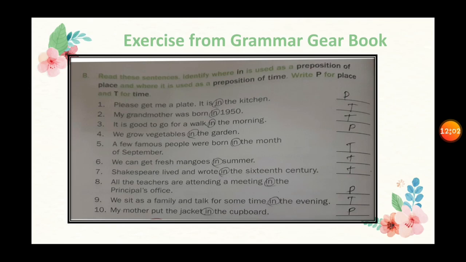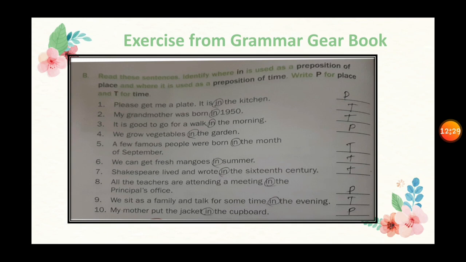Please get me a plate. It is in the kitchen. So kitchen, it's a place, right? It's a room. So it's a place, that's why P, and the preposition "in" is circled here with the black pen. My grandmother was born in 1950. It's a time. That's why T. It is good to go for a walk in the morning.